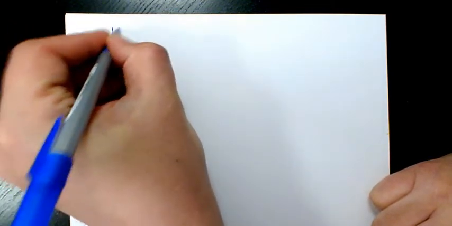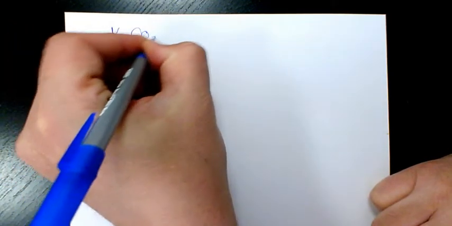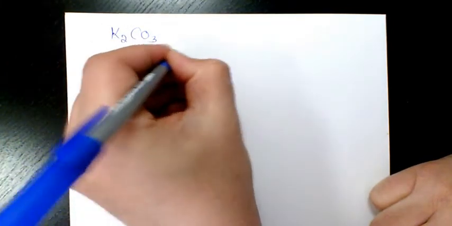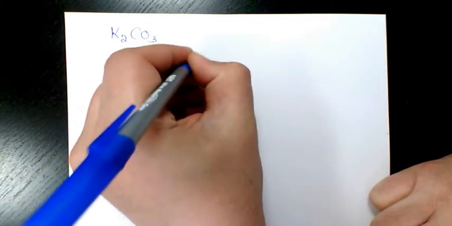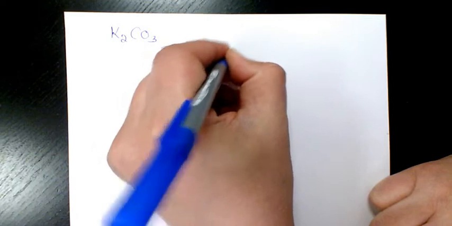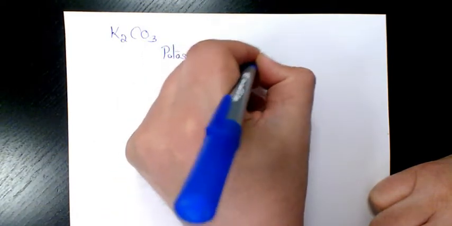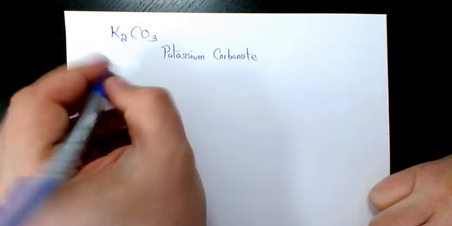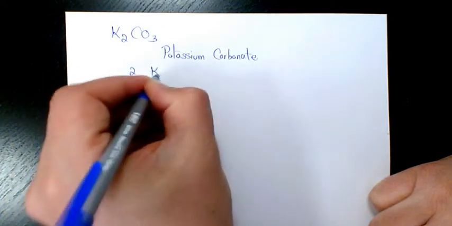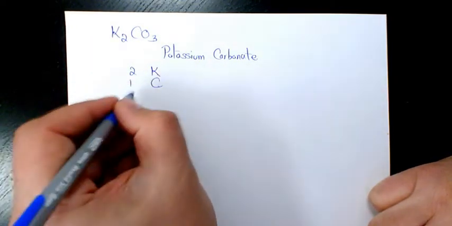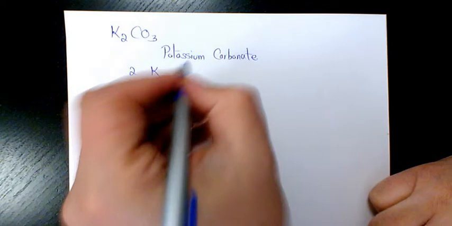Next one we can have K2CO3, which is potassium carbonate. So we have 2 atoms of potassium, 1 atom of carbon, 3 atoms of oxygen.